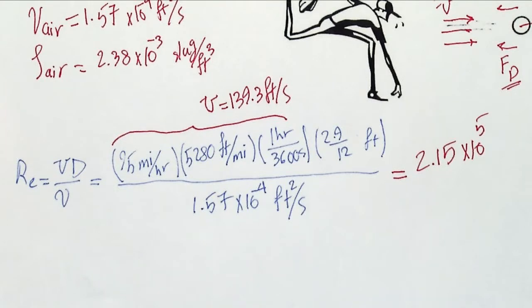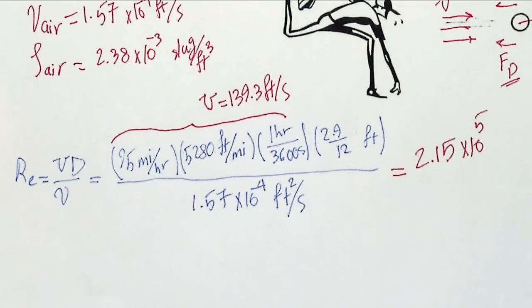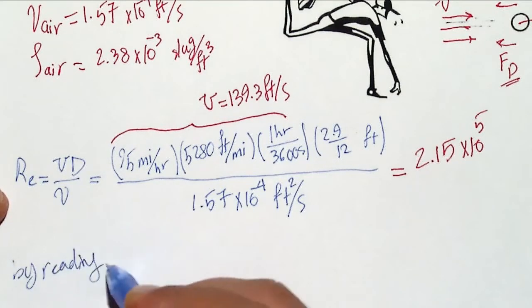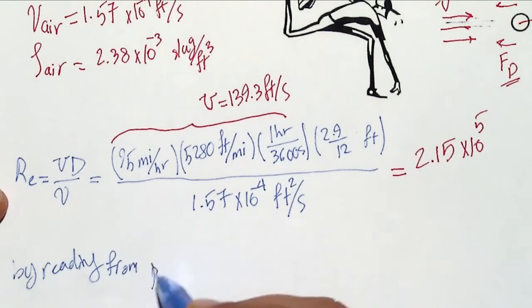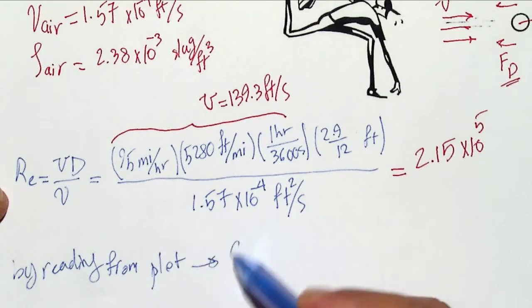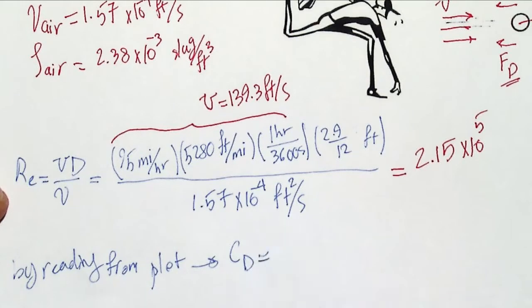You find the Reynolds number, and then based on the Reynolds number, you find the estimation of the drag coefficient. So by reading from the plot for the Reynolds number that we have, the drag coefficient is almost half, right?